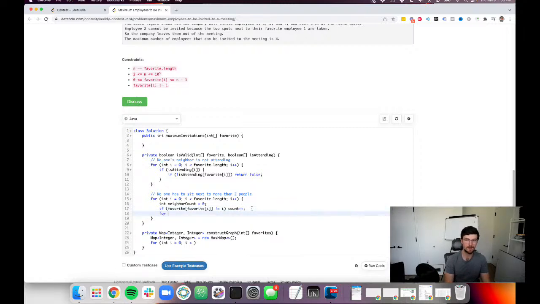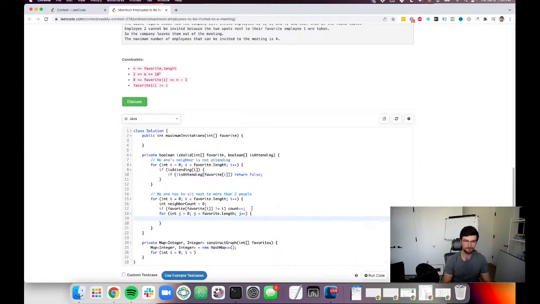So for int j equals 0, j is less than favorite.length, j plus plus.